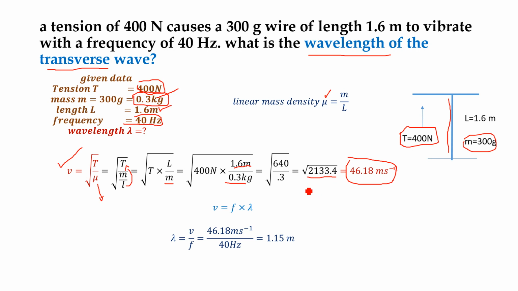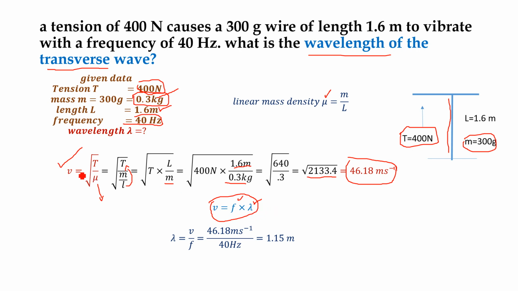Now we will calculate the wavelength. For calculating the wavelength, we know velocity is equal to frequency times lambda. In terms of frequency and wavelength, the velocity of the wave is equal to frequency multiplied by wavelength.